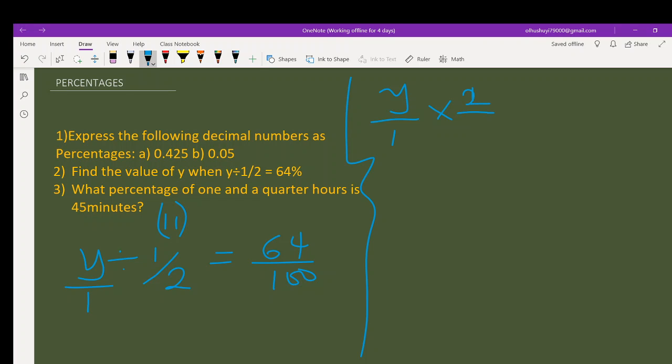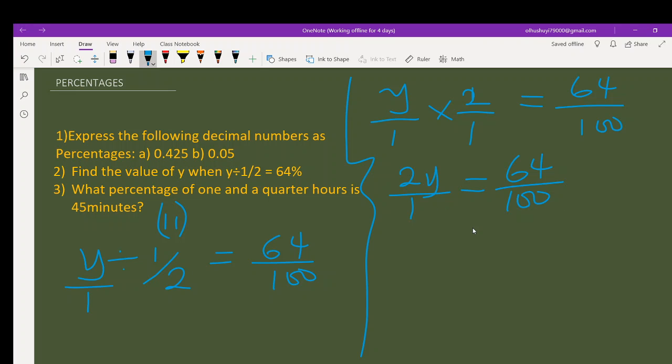change your division to multiplication, the fraction somersaults, and that is equal to 64 upon 100. Multiply your numerators, so you have 2y over 1 is equal to 64 upon 100. Multiply both sides by the LCM, which is 100 here, instead of cross multiplying.